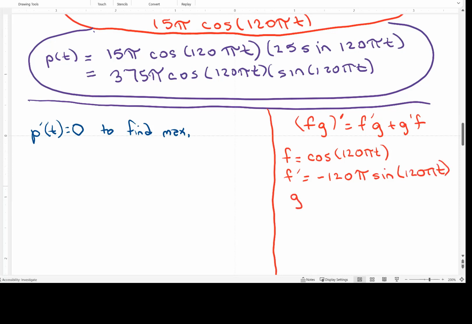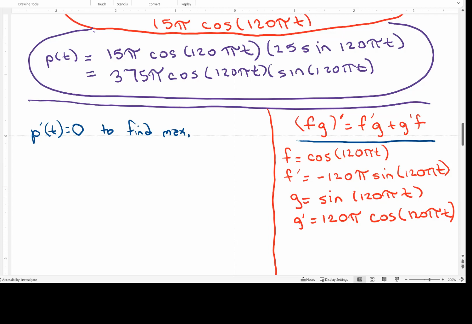Then my g is going to equal the sine of 120 pi t. G prime is going to equal 120 pi times the cosine of 120 pi t. I have everything that I need over there on the side to fill in my function, which is here.